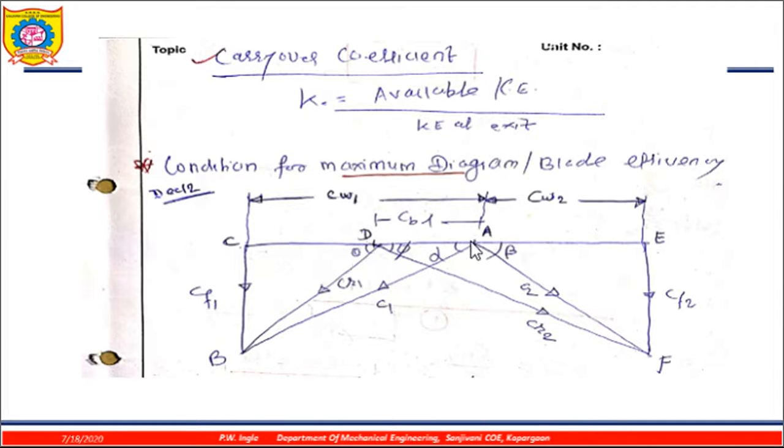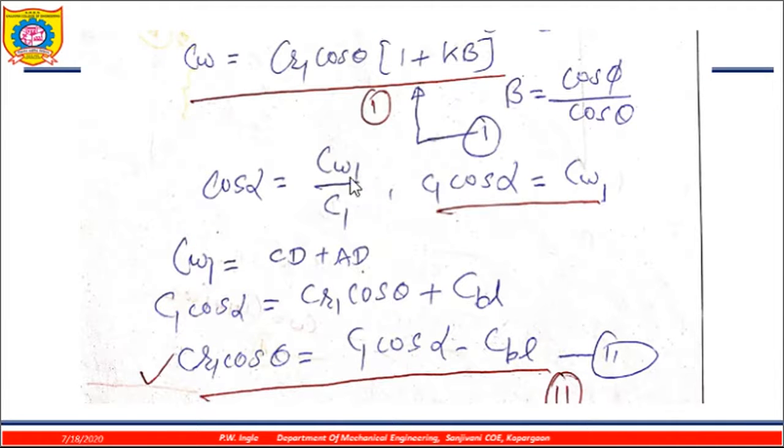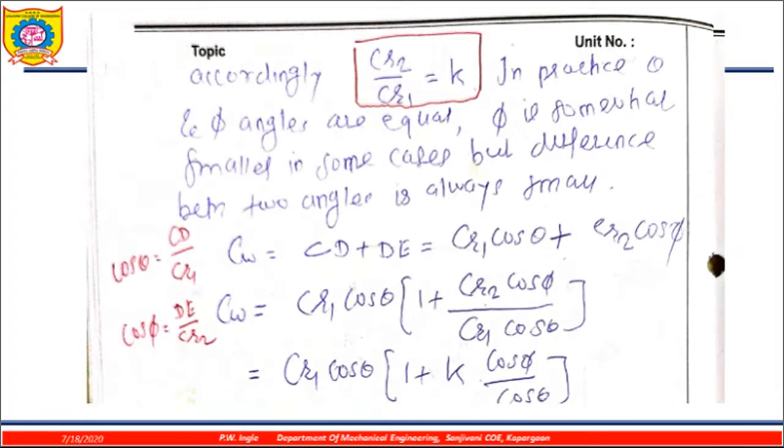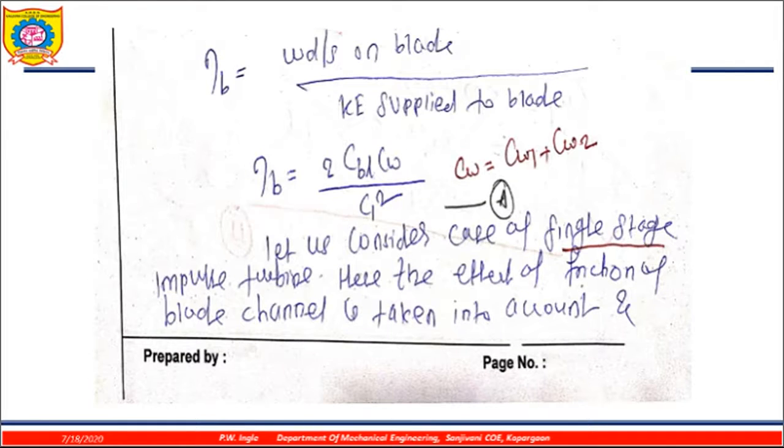So you are getting C1 cos alpha equal to CW1. This velocity triangle is very important. CW1 is CD plus AD or DA.